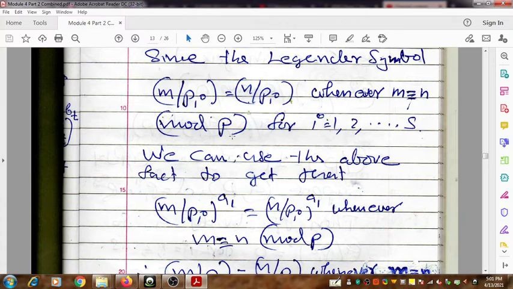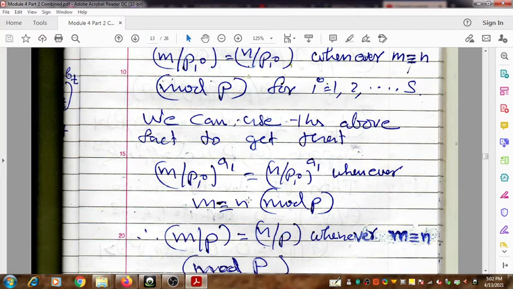(m/pi) raised to a1 is equal to (n/pi) raised to a1. When we take the same power on both sides, using this information, you can write that (m/pi) raised to ai equals (n/pi) raised to ai whenever m is congruent to n mod p.